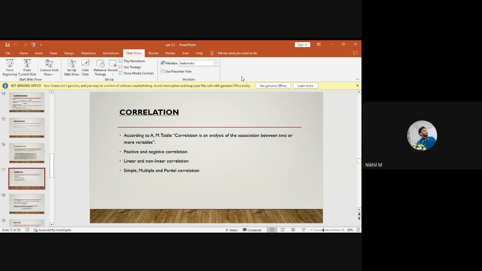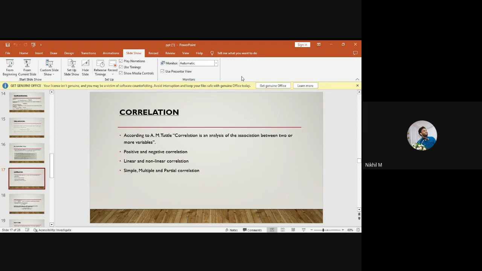For example, if the price of a commodity rises by 10% and supply changes in the same proportion, it is known as linear.